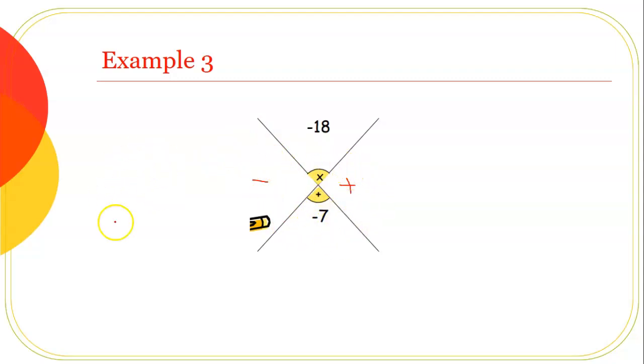Okay, Nick? So -9, +2. 9 times 2 gives -18. -9 plus 2 gives -7.